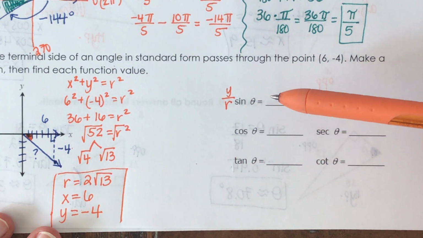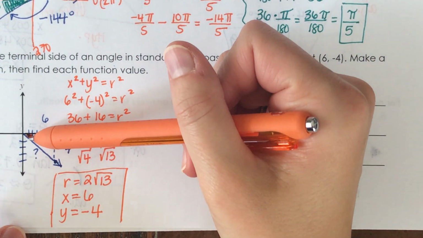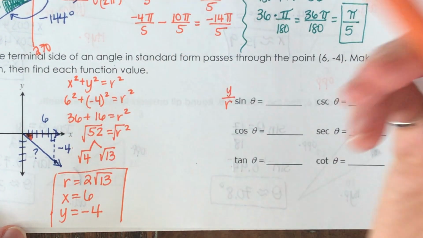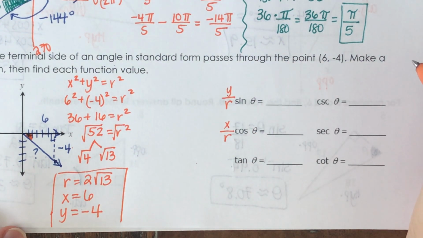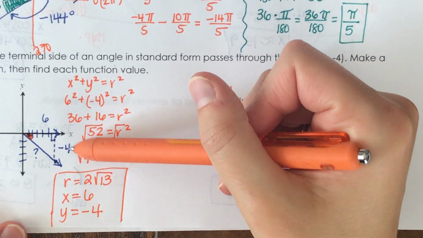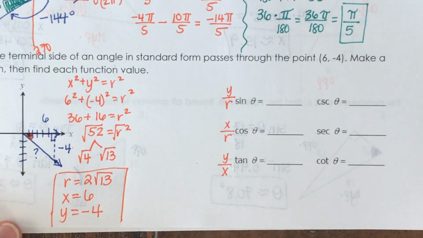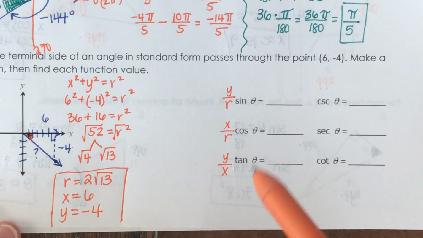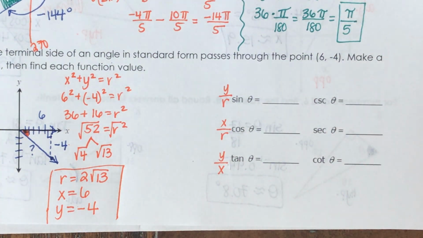Cosine is adjacent over hypotenuse, which is really the x over the r. And the last one, tangent, is the opposite over adjacent, which is really the y over the x. And that's always going to be the way that it works every time for problems like this. So if you memorize this, you're just as good.